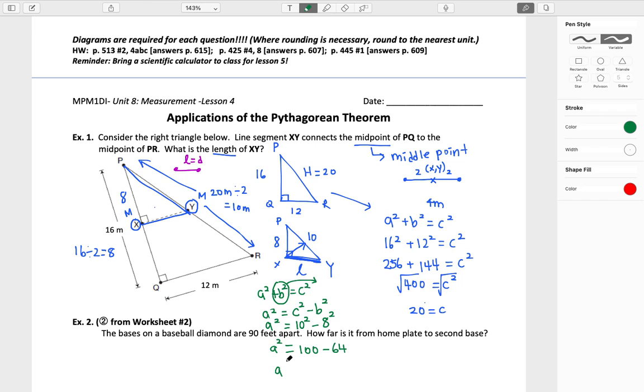And then you subtract 100 minus 64, which should give you 36. And square root both sides, and you will get a is equal to 6. So therefore, the length which we just found, which is a, must be 6 meters. Therefore, final statement, the length of XY is 6 meters long. And make sure you do a square box for your final answer.